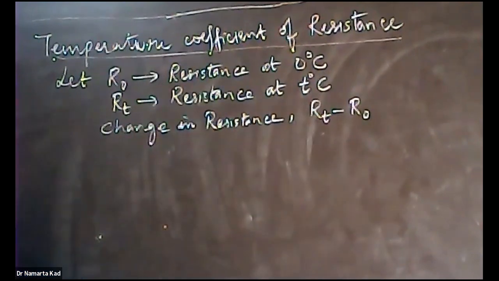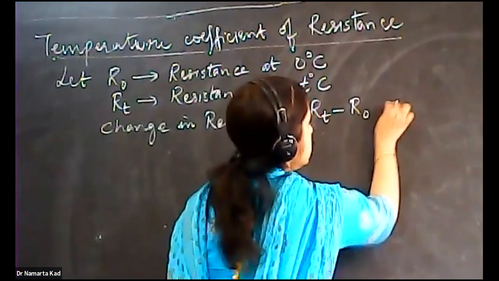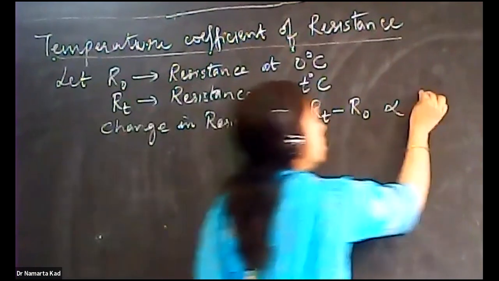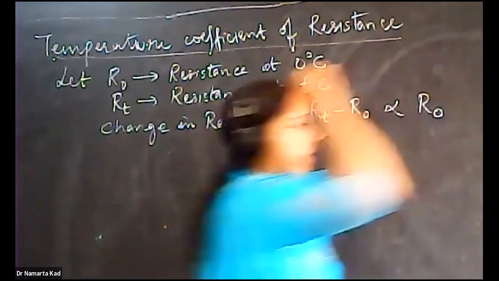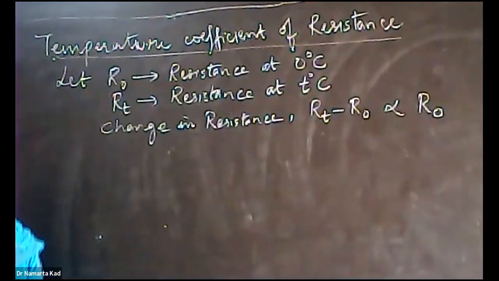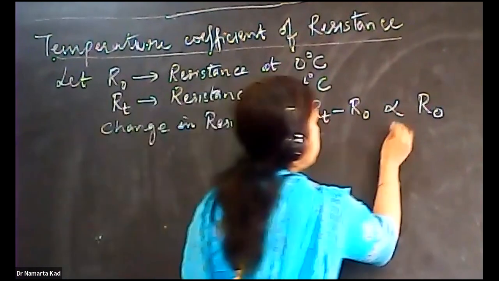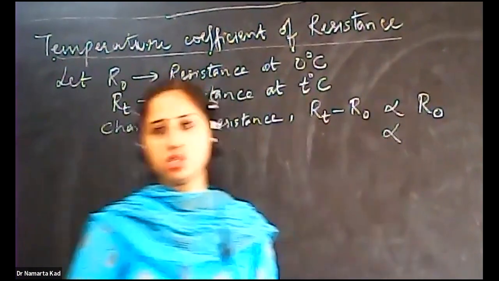Okay, this is the change in resistance, that is RT minus R naught, and this change in resistance is directly proportional to, ये directly proportional होता है number 1 to the original resistance, that is R naught. Original resistance क्या था? That is R naught, and also it is directly proportional to the change in temperature.